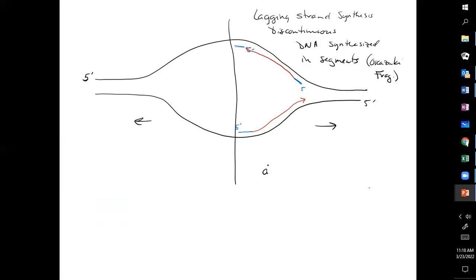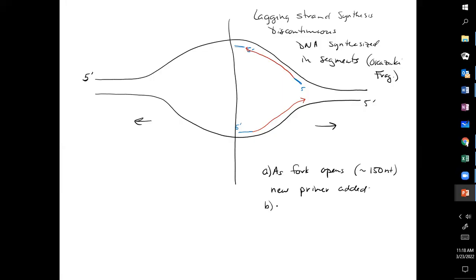And what happens is as the fork opens, approximately, and it depends on the species, but let's say in the hundreds range, about every 150 nucleotides, a new RNA primer is added.